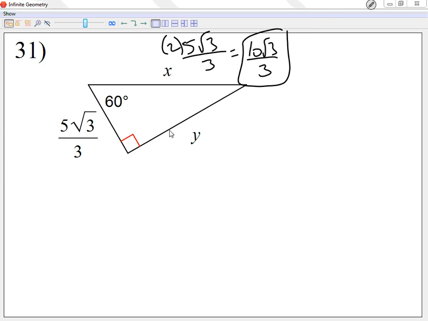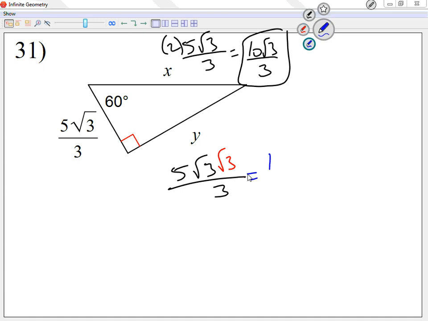Now to get to y, starting from the small side, 5 radical 3 over 3, I have to multiply by radical 3. So on the top I have 15, the bottom I have a 3. 15 over 3 is 5. Okay.